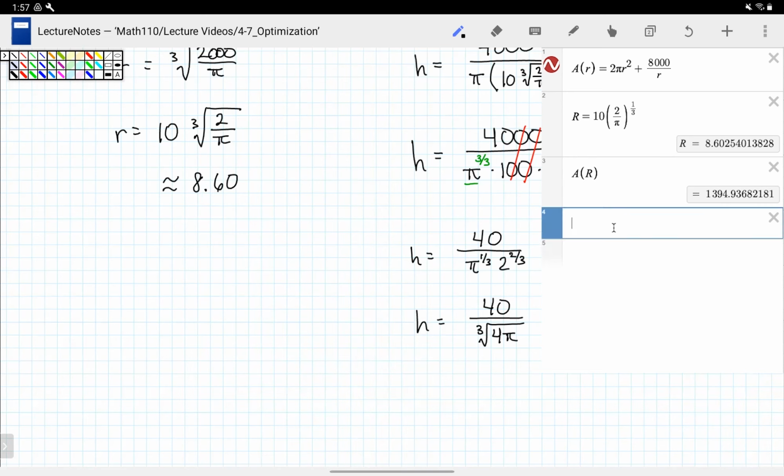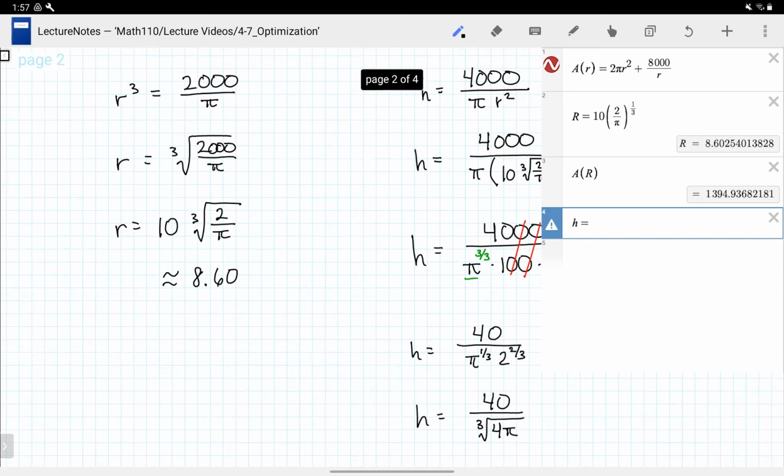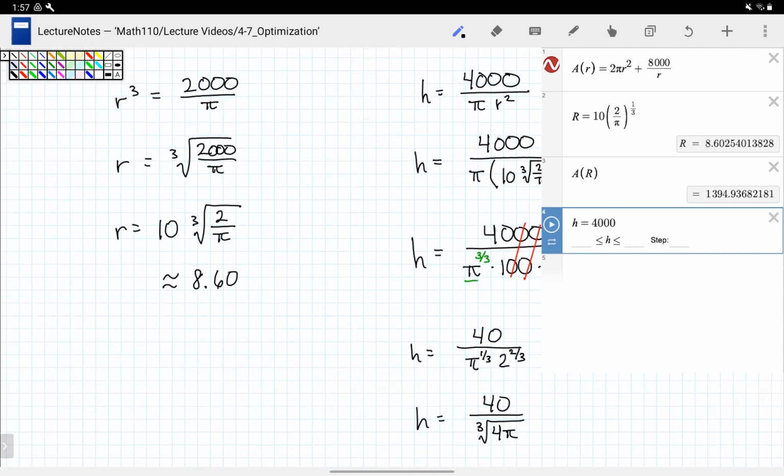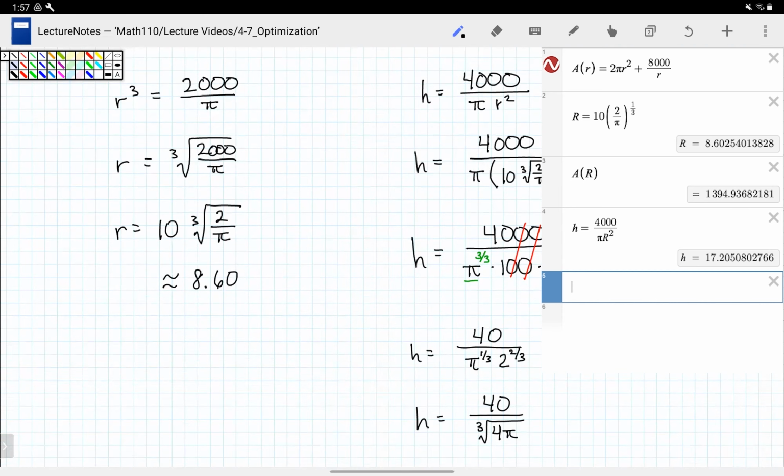And for the H, I'm going to write H equals, what is it? 4,000 over pi r squared. I'm using the capital R. And I also want to double check with the calculation that I did, which is 40 divided by the cube root of 4 pi. And it looks like those two numbers are approximately the same.